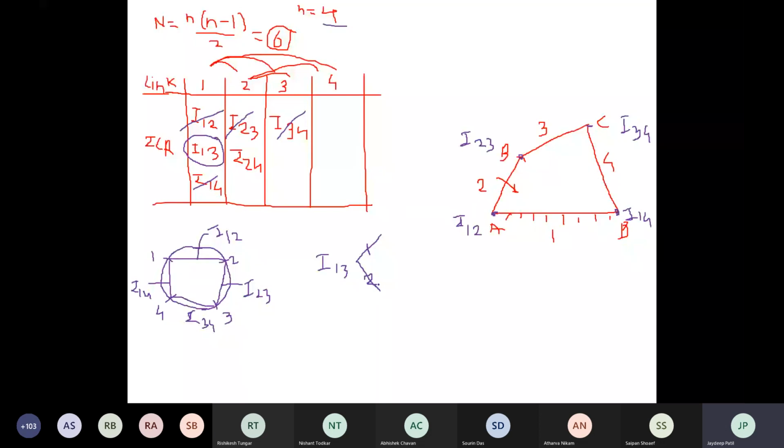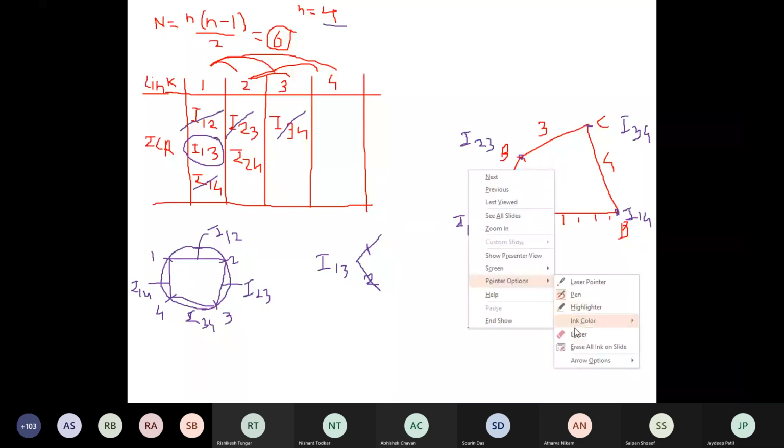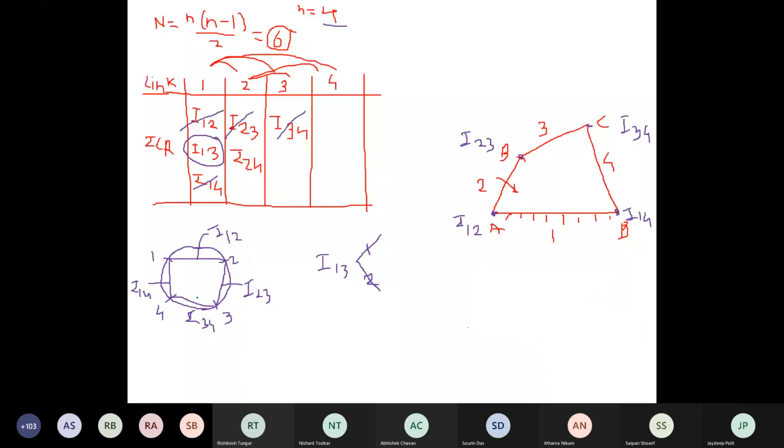When will you get two lines? When you make 2 points, join those 2 points and extend it, you will get one line like this. And when you get the 2 points, you have to make a triangle. Now come to this circle.